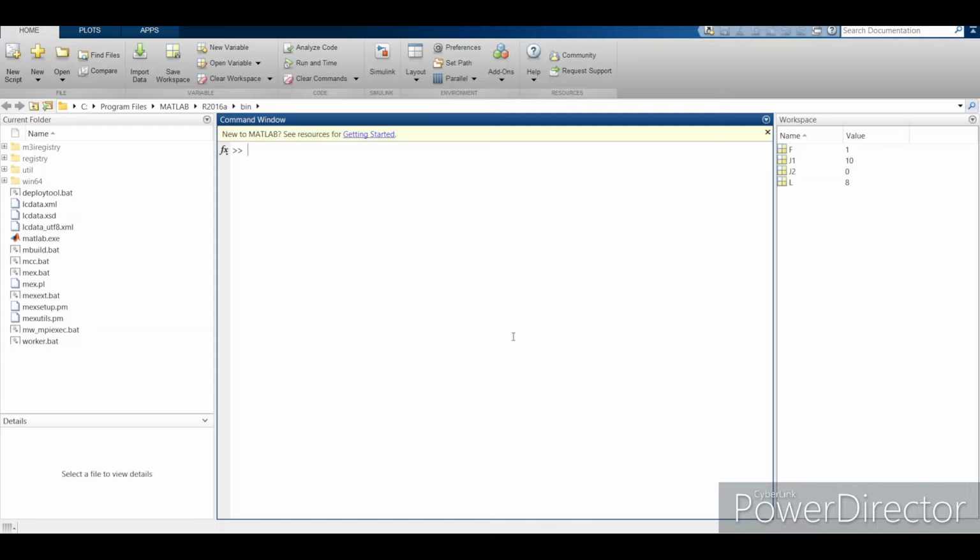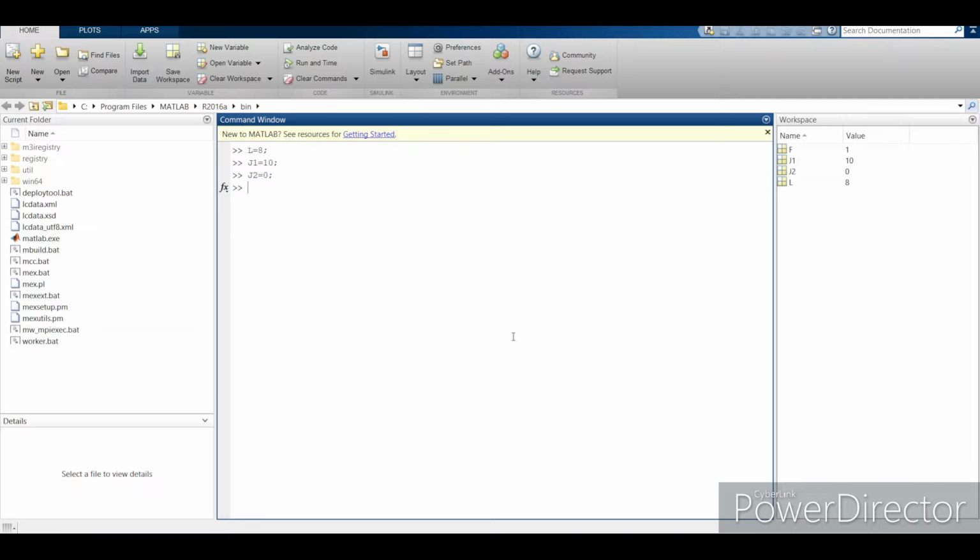So here you can see the MATLAB window. Suppose we are going to define everything. Our number of links was 8, then J1, joints with 1 degree of freedom, we calculated it was 10, then J2 you can give input as 0, then semicolon.